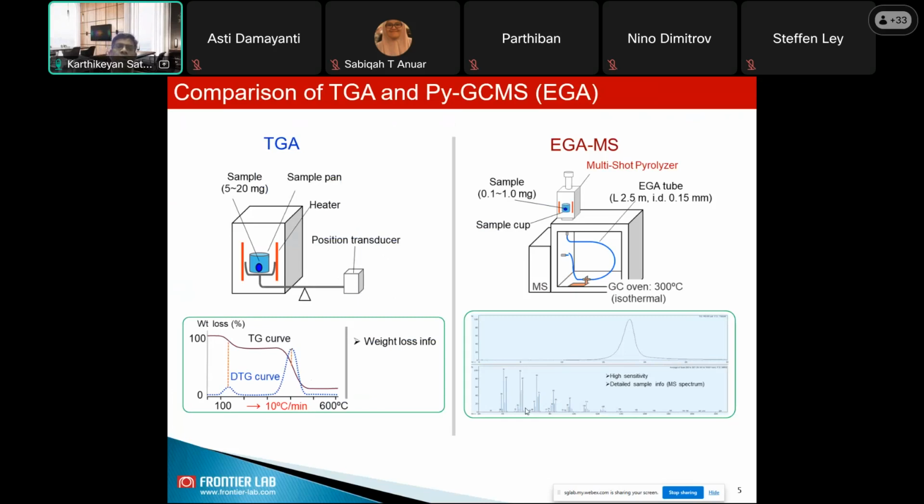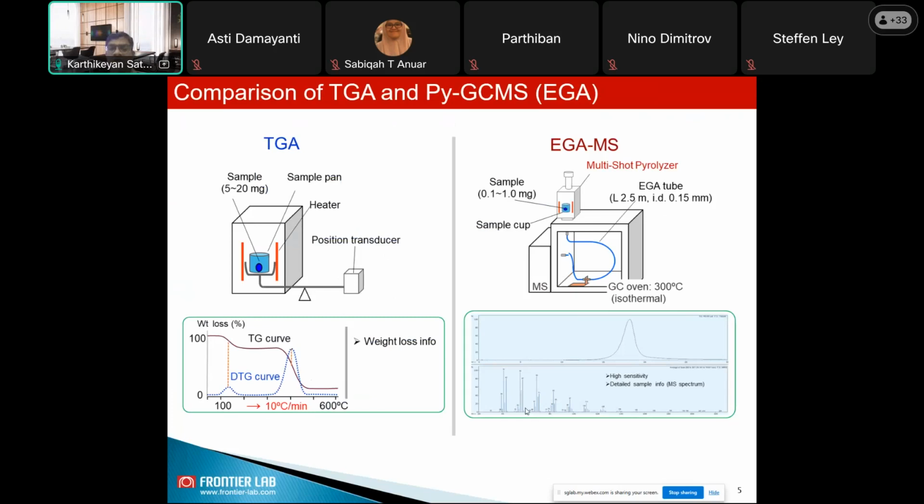So in a way, you can see that EGA-MS will produce the same data that one can get from the TGA. However, in addition to this temperature profile, you can also get the chemical fingerprint of the material, because evolved gas analysis collects all the chemical information through mass spectrometry.